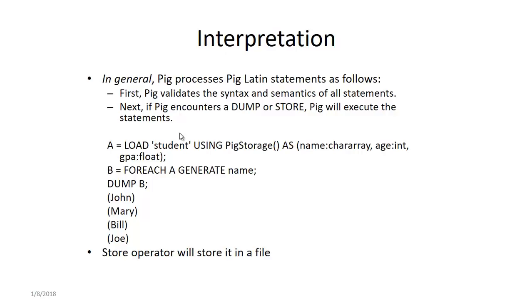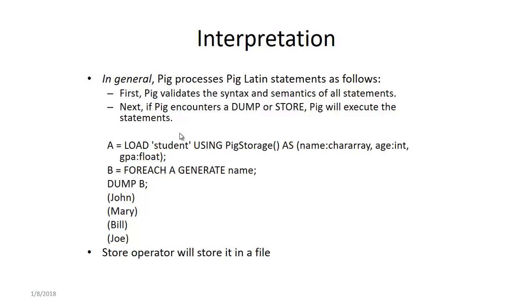In that file we have three fields: name, age, and GPA. So we write A equals to load student file using PigStorage as name. The type of name will be string, so in Pig we use chararray to represent any string type.